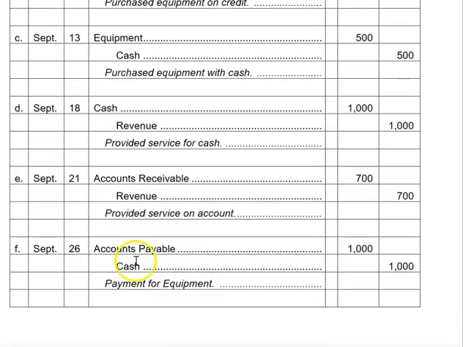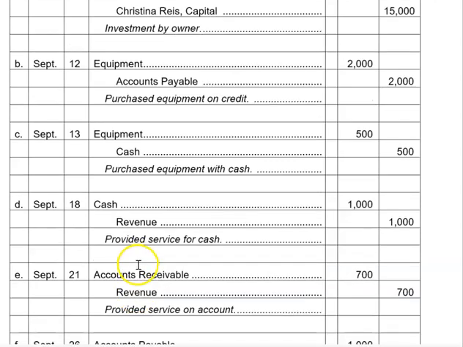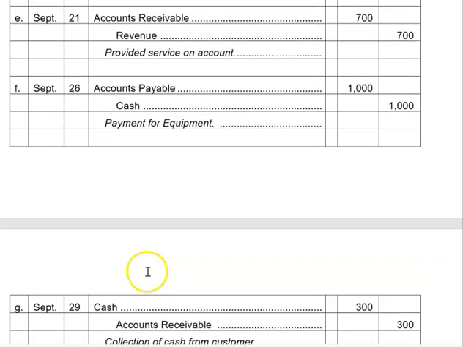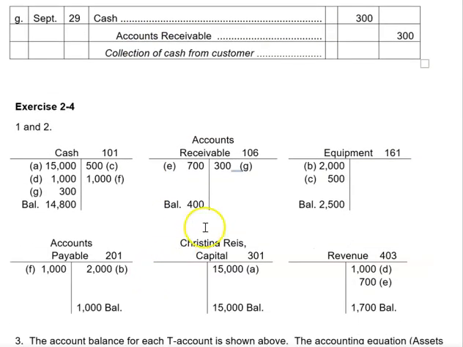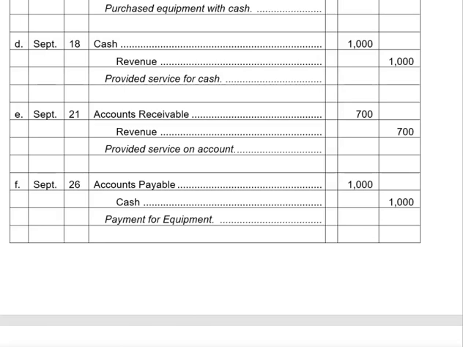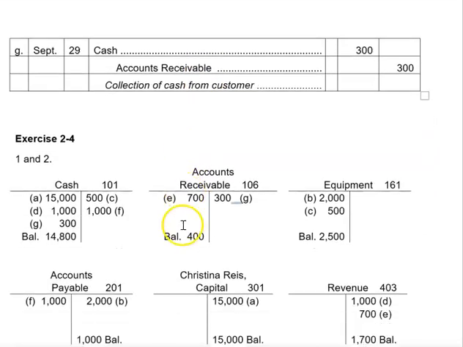So all you're doing is taking the information from the entries and putting it into the T accounts. So for C, we've got equipment and cash of 500. So we've got equipment, it being increased with C, and cash is being reduced by the 500 from C. D, cash and revenue.